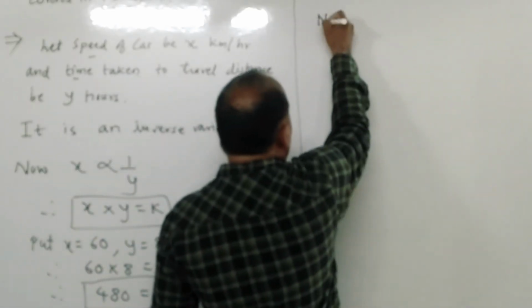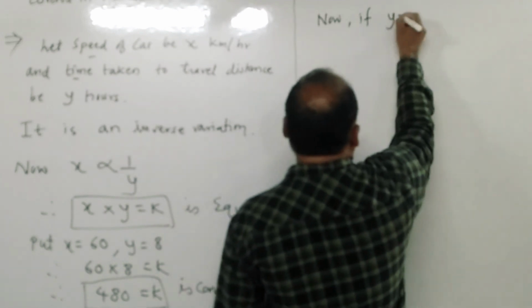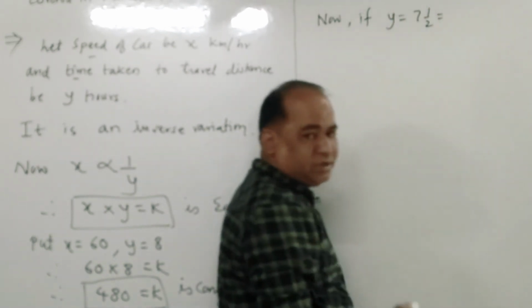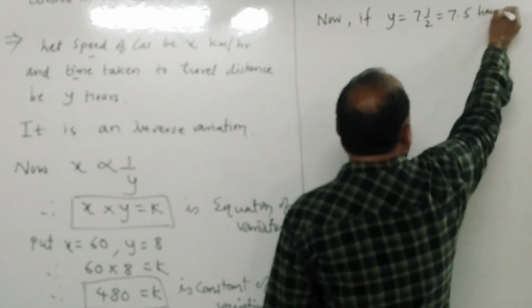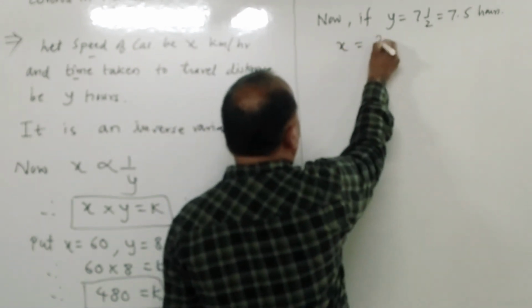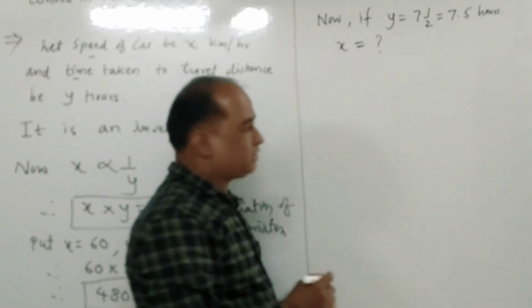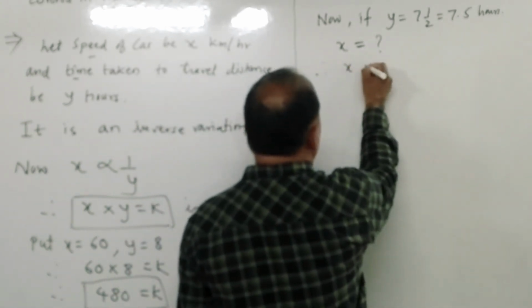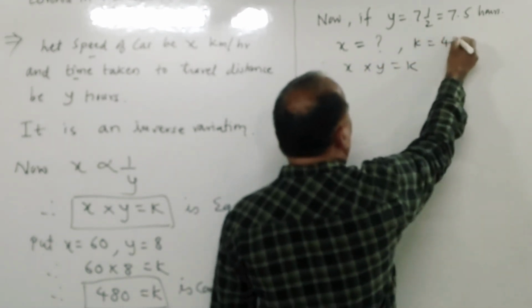Now, if y is equal to 7.5 hours, the time taken, then we have to find x, the speed of the car to cover the same distance. We have the equation of variation x into y is equal to k, where k is equal to 480.